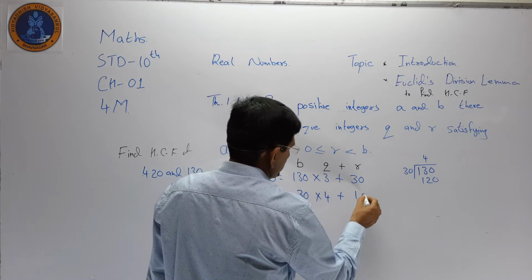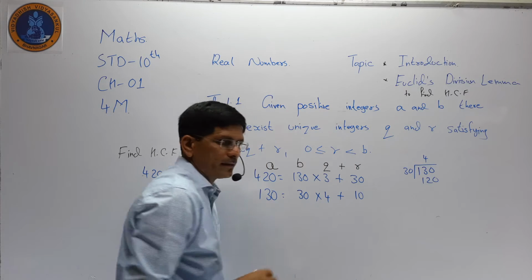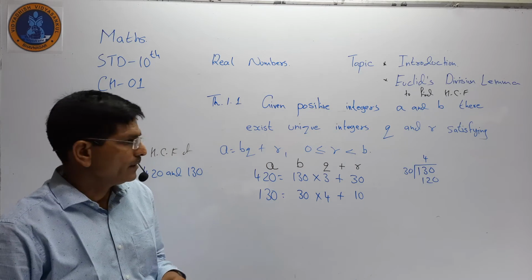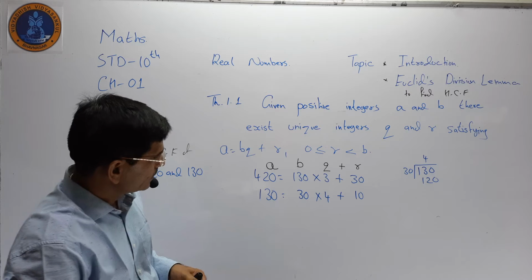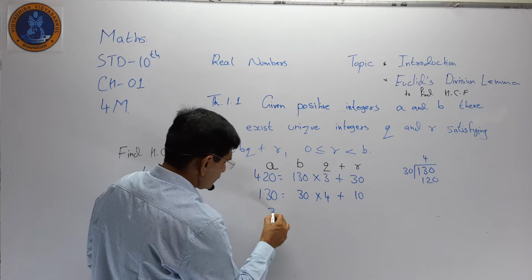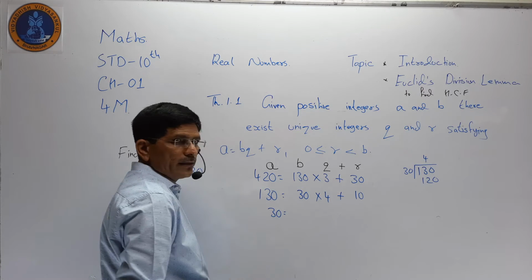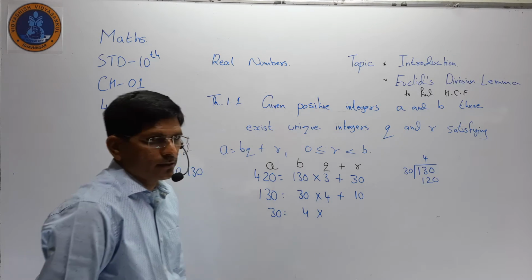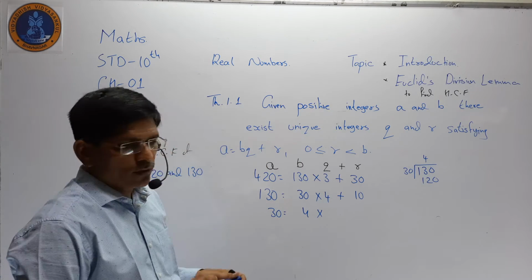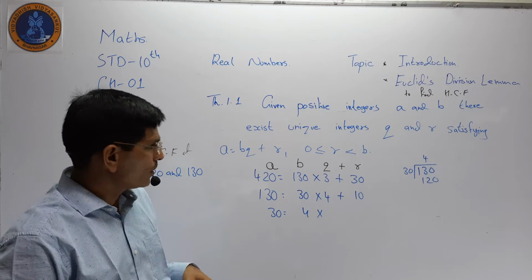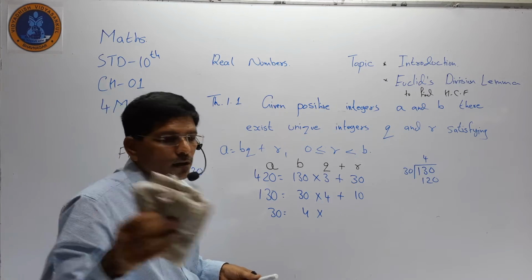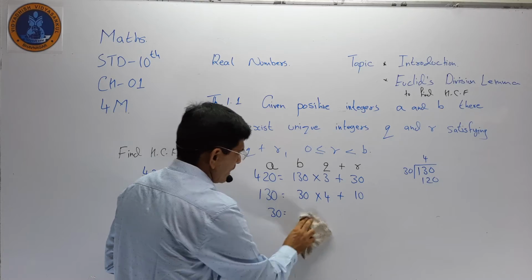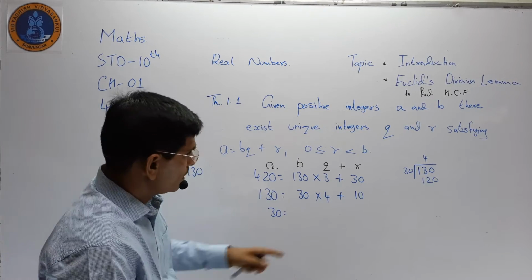What is my remainder? 10 is my remainder. Again, what I have to write? 30 here, 40 here. So 4, if you will go for 4, what I have to write it here? 10.